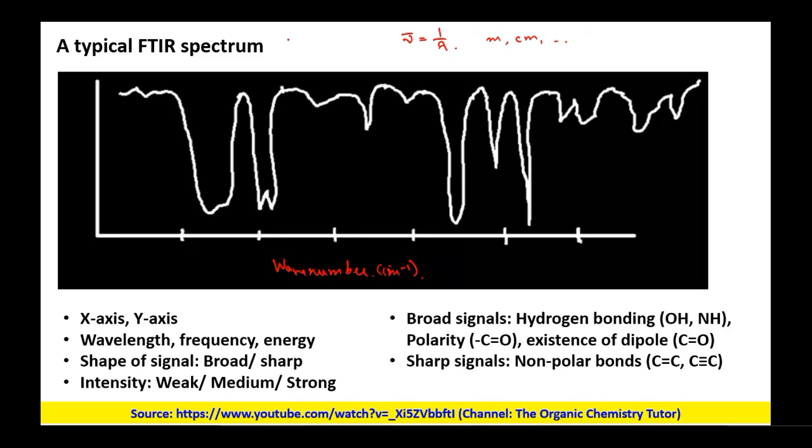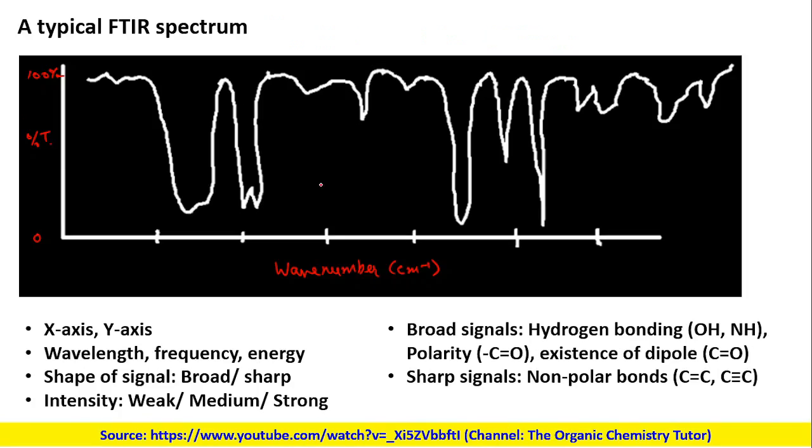The y-axis, as I just told you, may be either absorption or percent transmittance. In FTIR, we usually plot percent transmission, which starts from 0 and can go up to 100. Suppose we have a peak position of 80%.